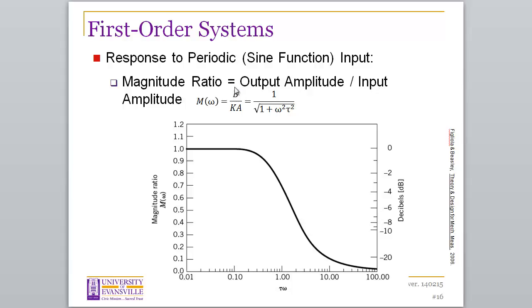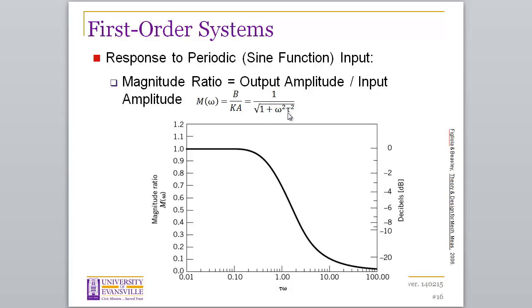Remember, B is the amplitude of my output equation, and my input amplitude is A times the static sensitivity of my measurement system. I carry that out and I'm left with 1 divided by the square root of 1 plus omega squared tau squared. So my system output depends both on frequency and time constant.